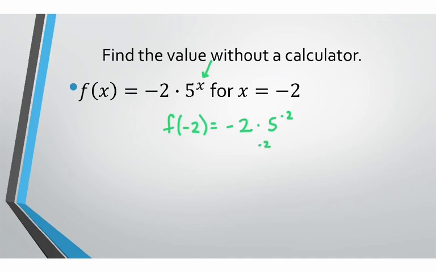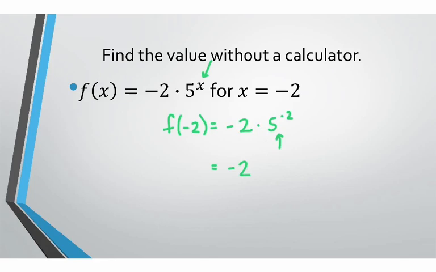Order of operations says exponents happen before multiplying. So we have to make sure that we are dealing with that part of the problem before we do any multiplying. Order of operations always holds no matter what. Okay, so 5 to the -2, what does that mean?